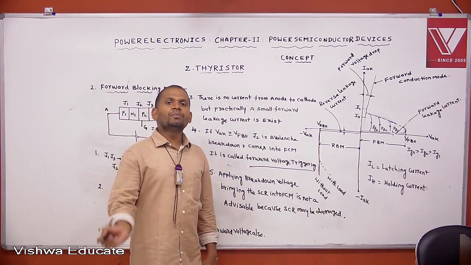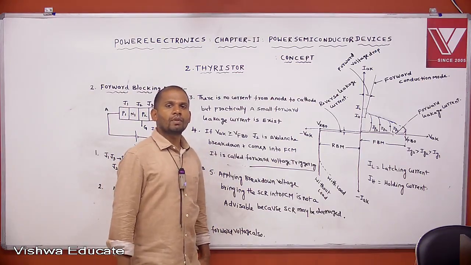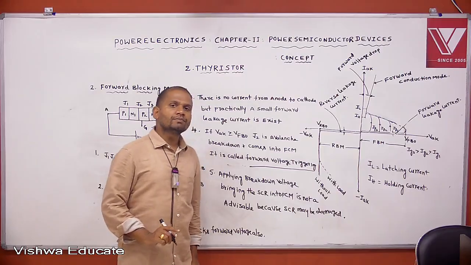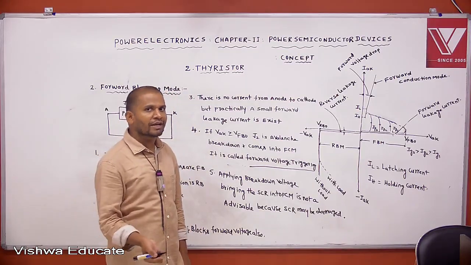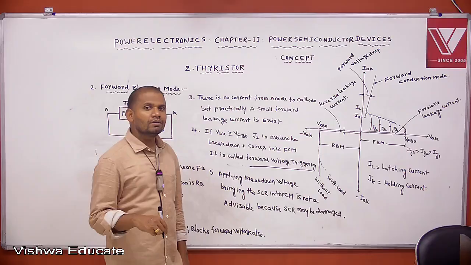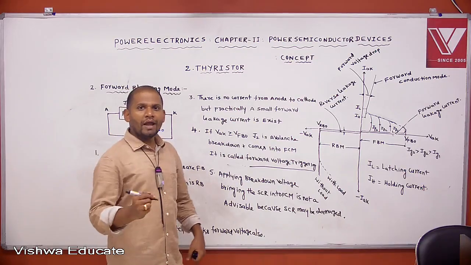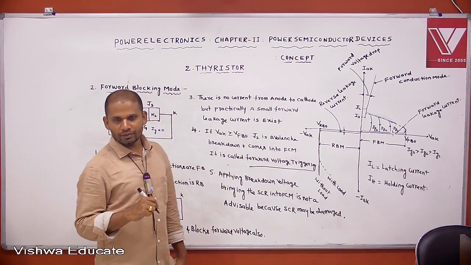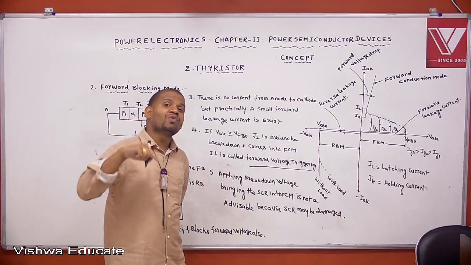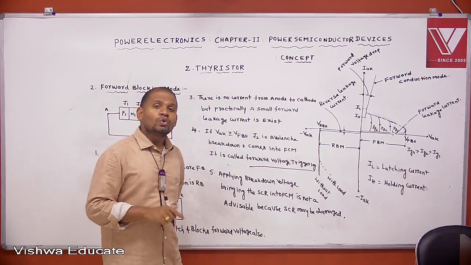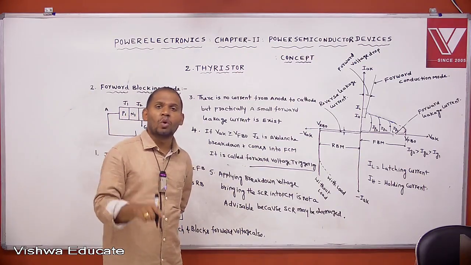Now, how can you bring the SCR into conduction mode? If you apply breakdown voltage, the SCR comes into conduction mode, but it is not an advisable process. Then how can you bring it into conduction? Without applying high forward voltages, a gate supply is connected to bring the SCR into conduction mode.